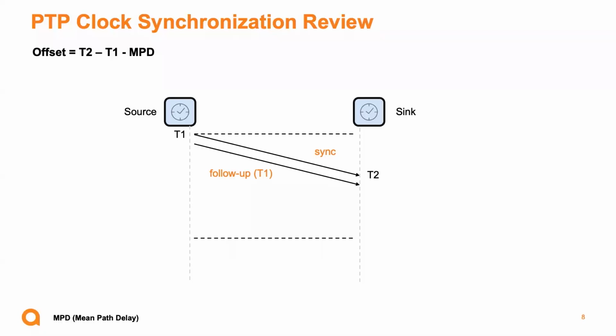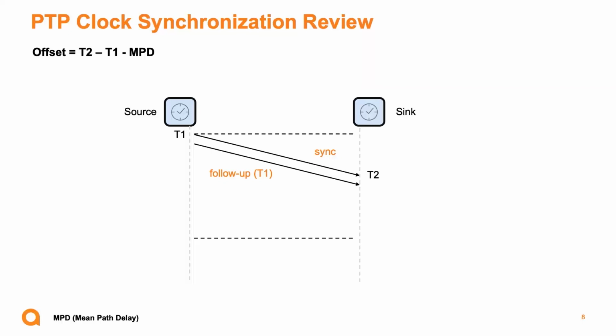So now the sync, or the client, knows T2 and T1. So it knows the difference between when the sync packet was transmitted and when it was received. So it has the first part of the formula for the offset.